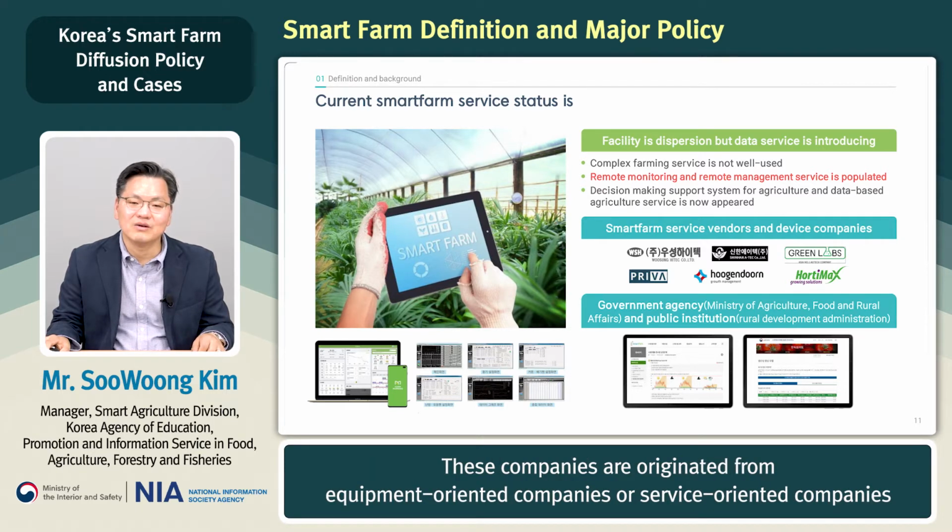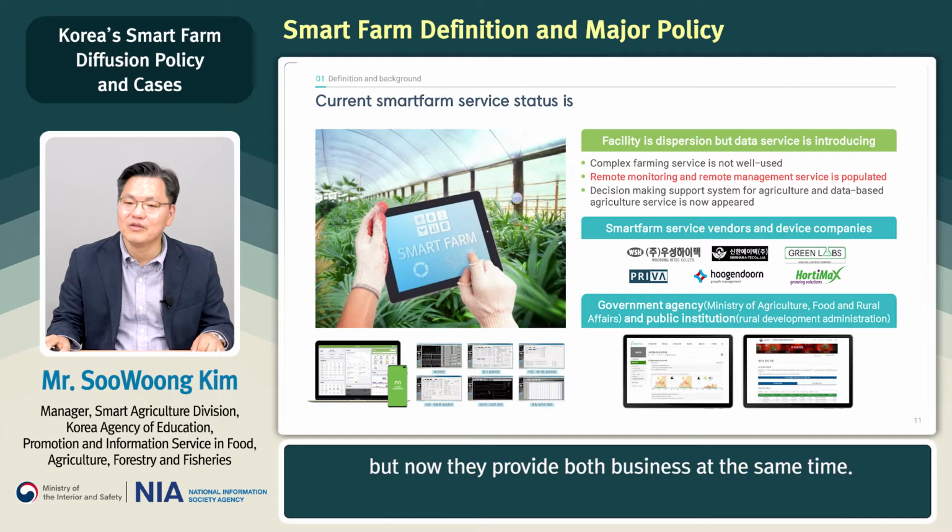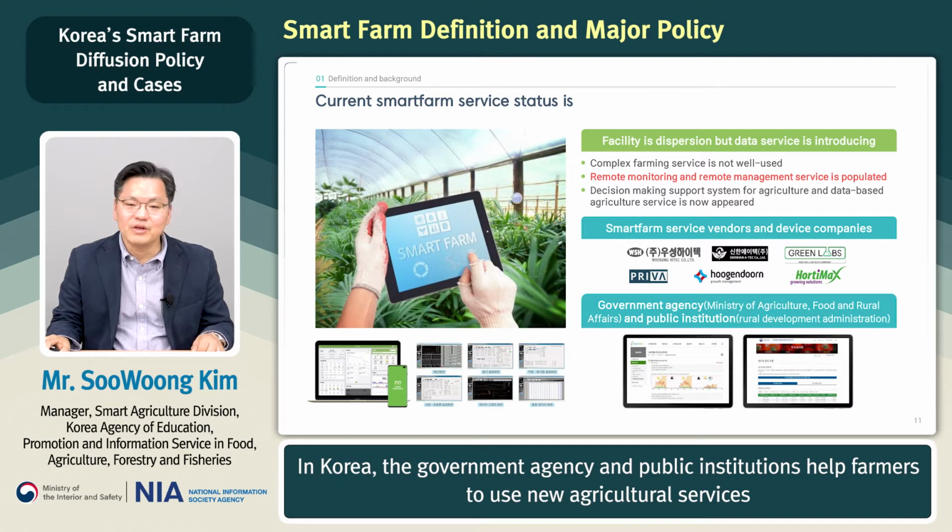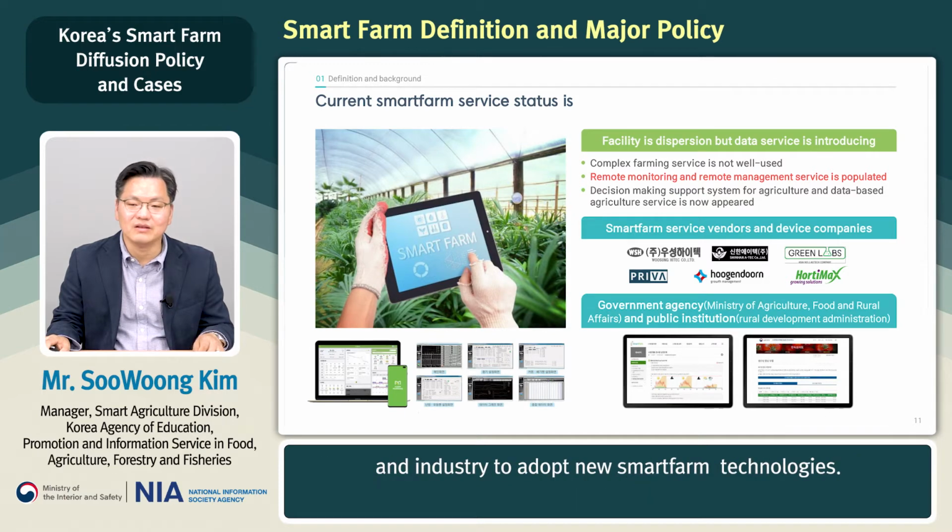These companies originated from equipment-oriented companies or service-oriented companies, but now they provide both services at the same time. In Korea, government agencies and public institutions help farmers to use new agricultural services and industries to adopt new smart farm technologies.